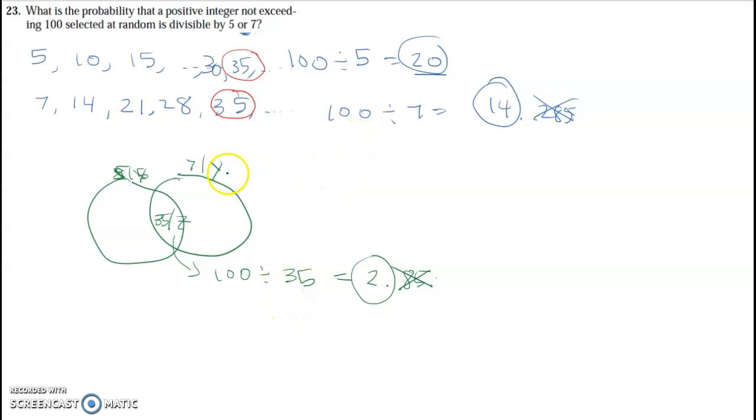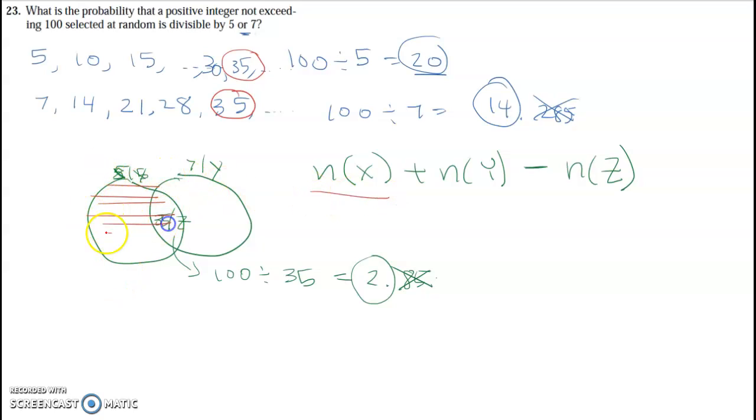So keeping this x, y, z intact, we're going to do the number of all the x values plus the number of all the y values, and we have to subtract the number of z, because those have been counted twice. We can see it: the number of x is all of this, and the number of y is all of this, and you can see how the intersection has been counted twice. You just have to subtract it one time.